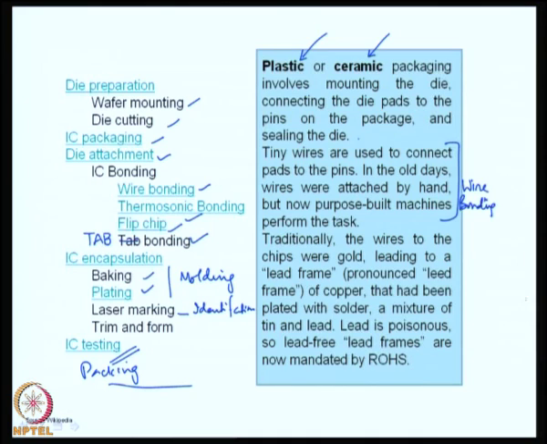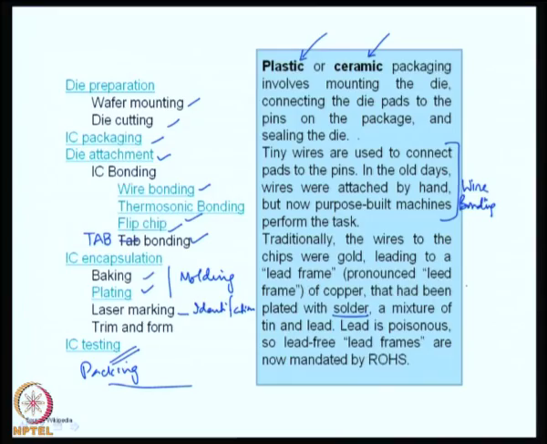Then the wires to the chips are typically gold, okay, and they are connected to the lead frame, but now other materials are also being used, and then the lead frames finally in the second level of packaging, they get attached using solder material. Earlier tin lead was used.